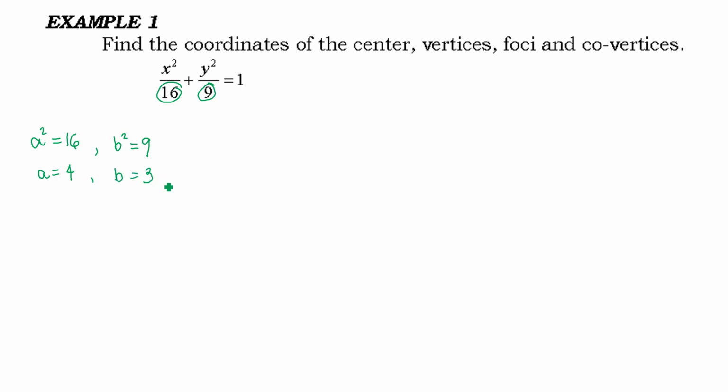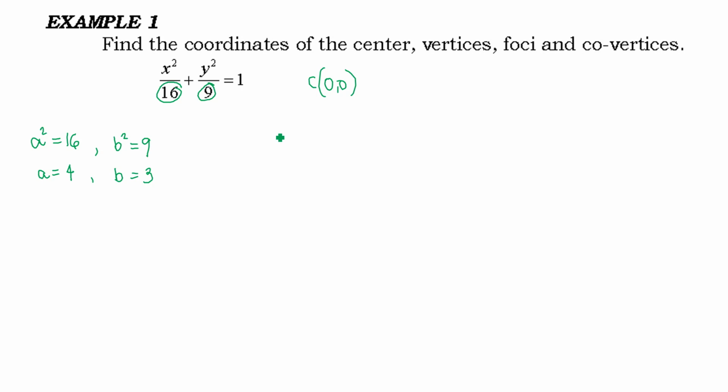Okay, now, again, in the format of our equation, the center is at the origin. So, alam na natin, malalaman natin agad na the center of the ellipse is the origin. Therefore, meron siyang coordinates of 0, 0.